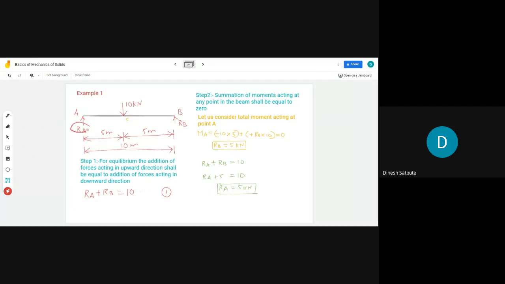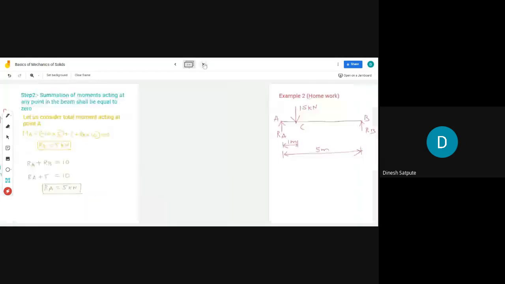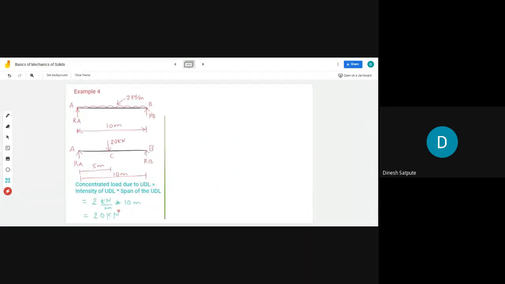In the previous numerical, the summation of forces going up, Ra plus Rb, was equal to the summation of forces going down, which was 10. Similarly, you can use it here: the summation of forces going up is Ra plus Rb.